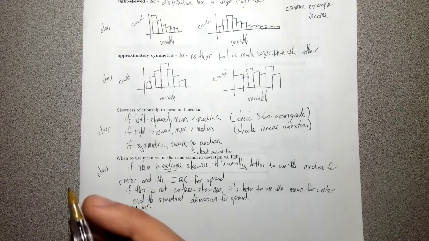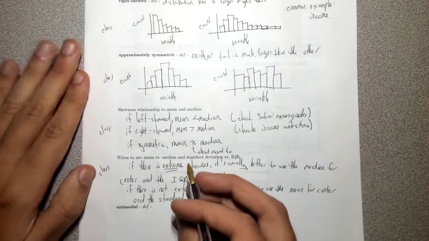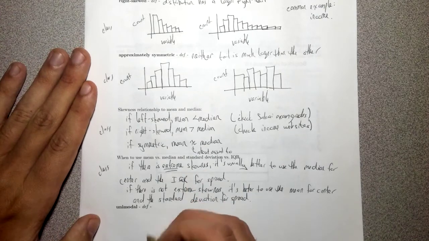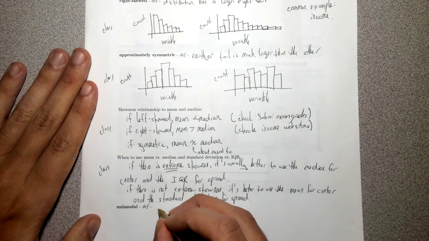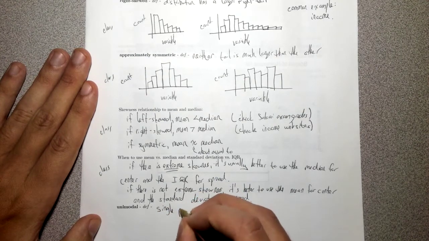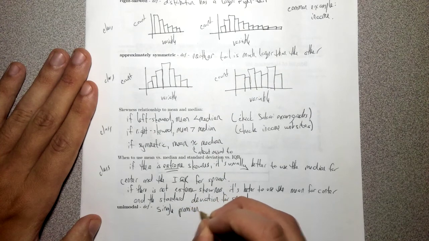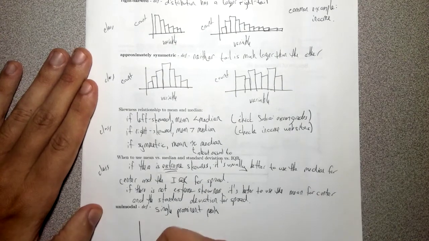Before we do that, let's finish up with distribution shape. Our last two little definitions are unimodal versus multimodal. A unimodal distribution is going to have a single prominent peak. These definitions really aren't too tricky.